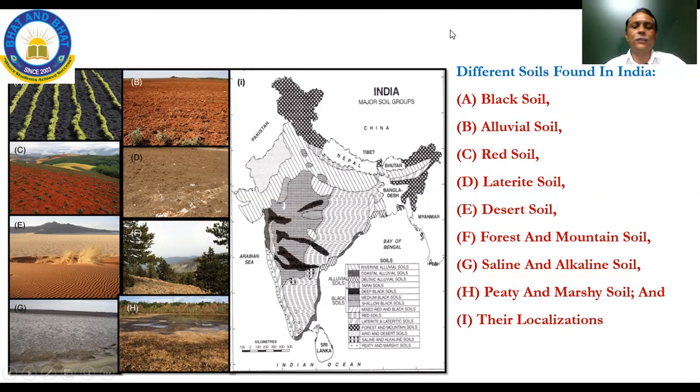And peaty and marshy soil. Peaty and marshy soil is basically the river delta, where the Ganges meets the sea, or the Brahmaputra meets the sea. Basically, the end part of the delta will have peaty and marshy soil. And this is the map which shows their locations. With this, we have covered the chapter soils in India.